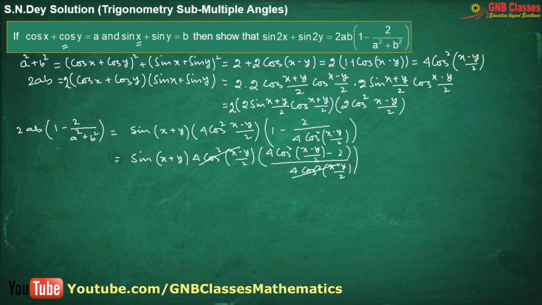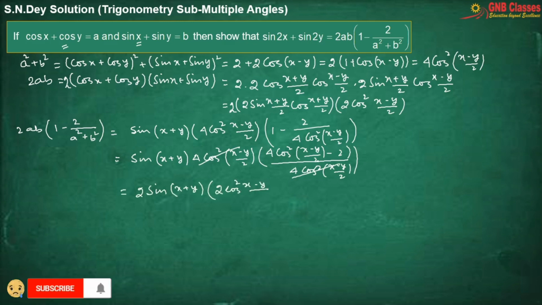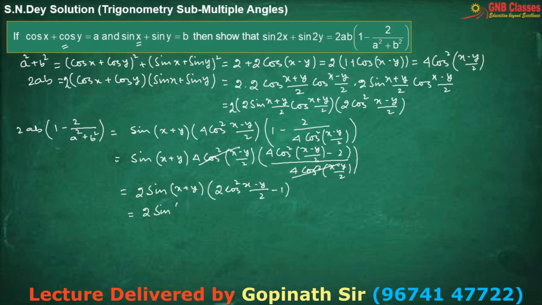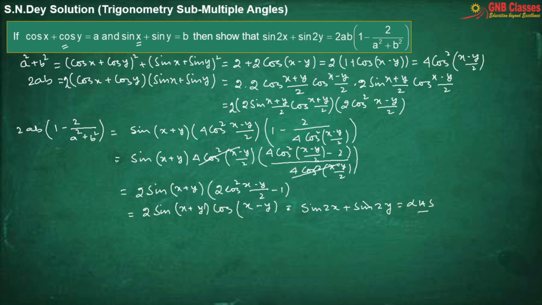If I take 2 common from the numerator, 2 cos square theta minus 1 can be written as cos 2 theta. Is it clear to all of you? Now I am applying the formula 2 sin a cos b, which gives us sin 2x plus sin 2y, which is nothing but your left hand side. Is it clear to all of you? Okay.